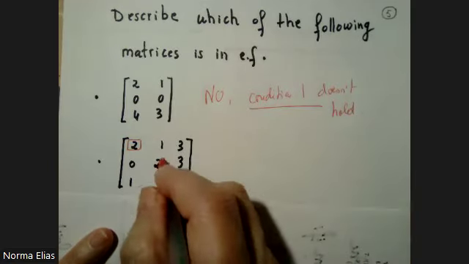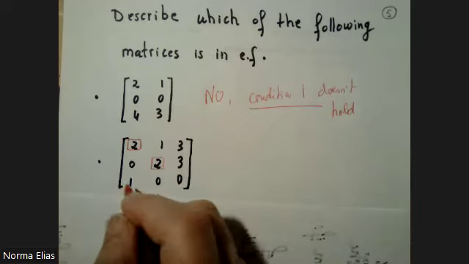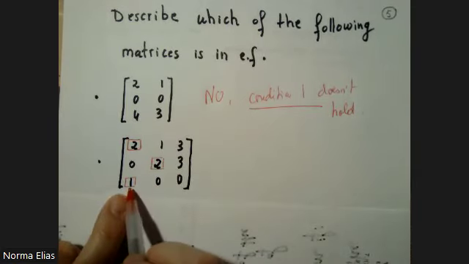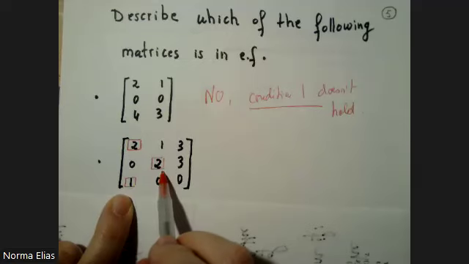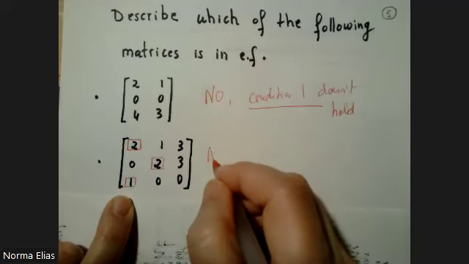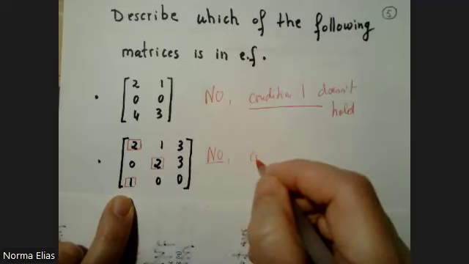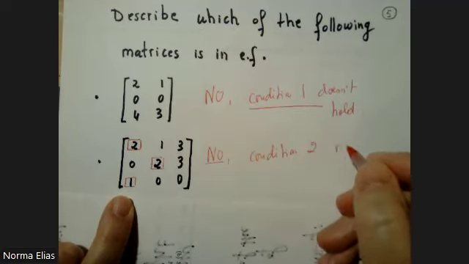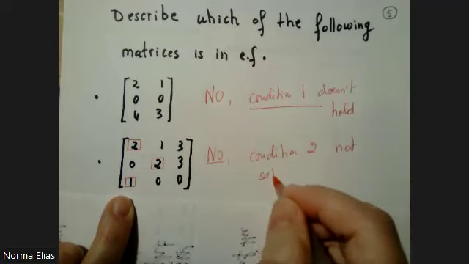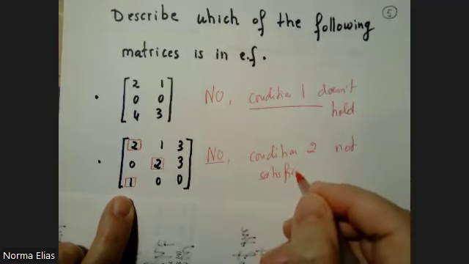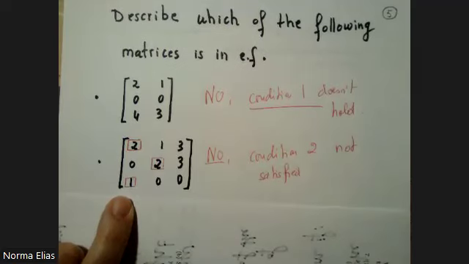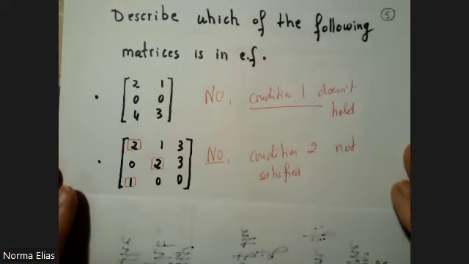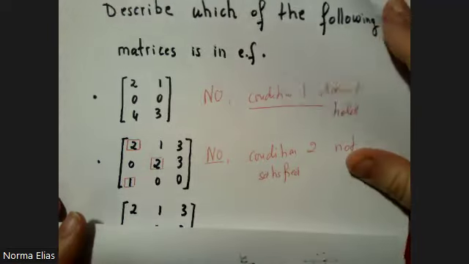That's the leading entry here, that's the leading entry here, and that's the leading entry in the third row. So definitely the leading entry in the third row is not to the right of the leading entry in the second row. So absolutely no. Condition 2 is not satisfied. So this is the staircase situation.